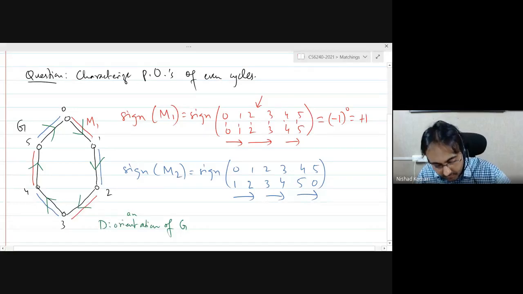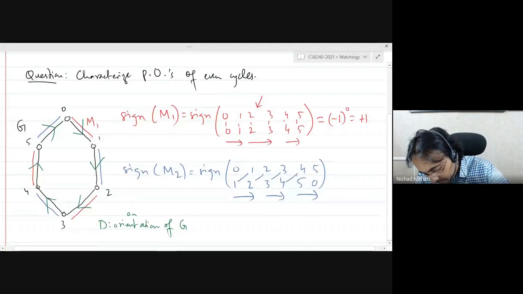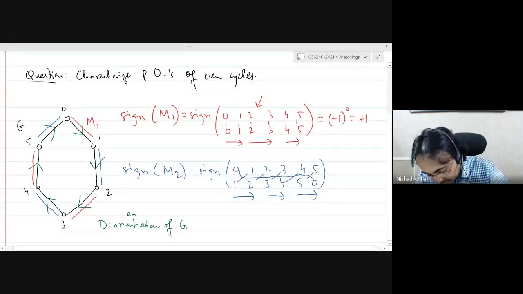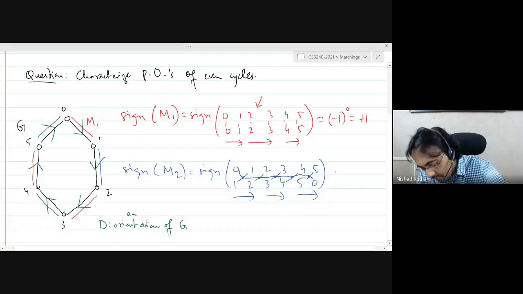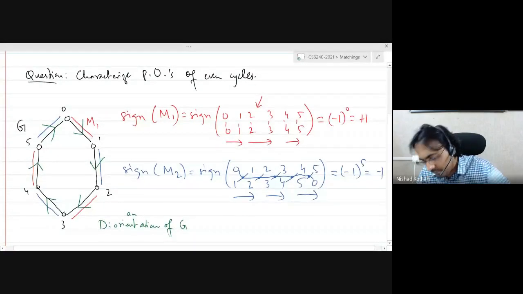And now let's look at the sign of this. So all of these are going this way. And here I will end up crossing all the lines. So I have 5 intersections or 5 inversions. And that is minus 1 to the power 5, which is minus 1.